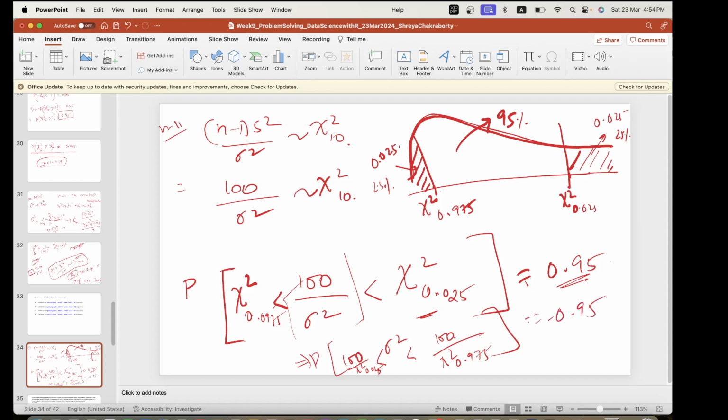So 100 by this point and 100 by this point is giving you a confidence band for sigma square. If sigma square lies between this value and this value, then we can say with 95% confidence that sigma square actually lies between these two values.